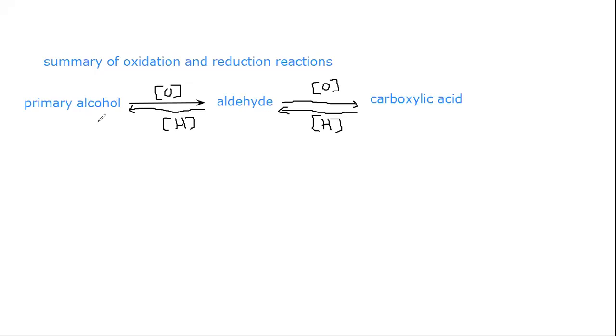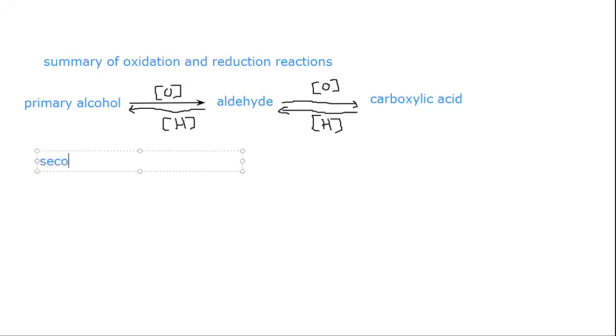Primary alcohol. We just saw that right now. Carboxylic acid on reduction will give you aldehyde. Aldehyde on reduction will give you primary alcohol. Going from left to right is oxidation. Going back from right to left is reduction.